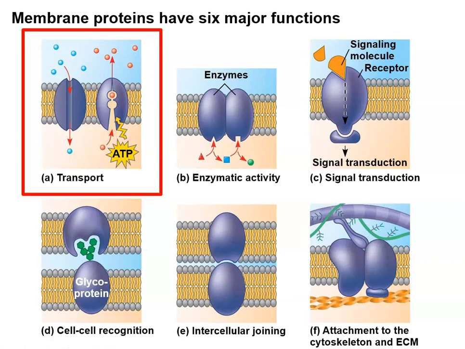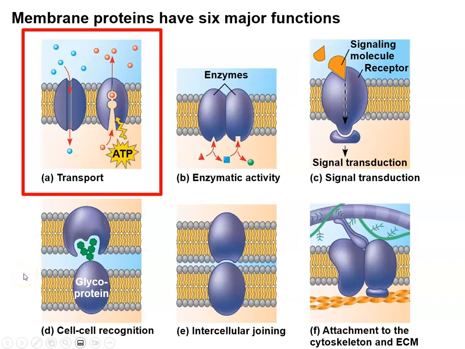Some are enzymes. Some are involved in sending a signal or a message. These could be molecules that they receive from other cells that are received by receptors embedded in the membrane, and then that signal gets transmitted into the cell.